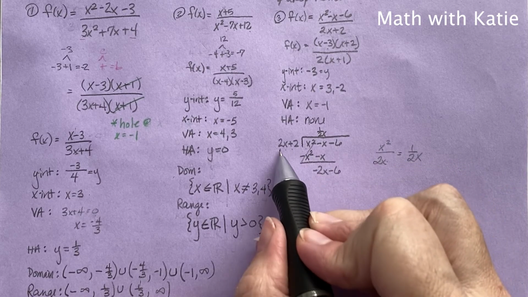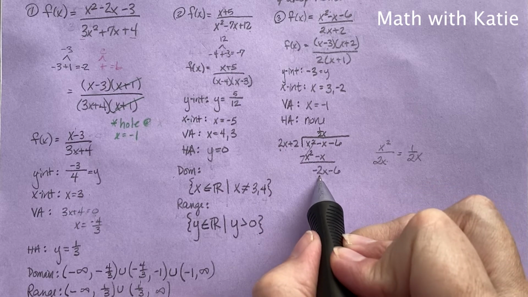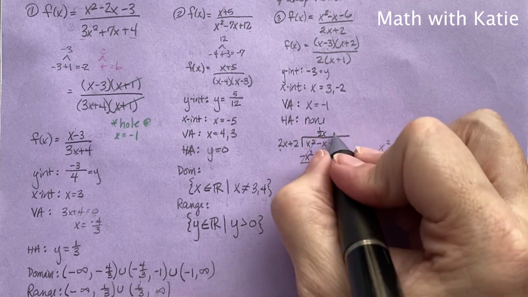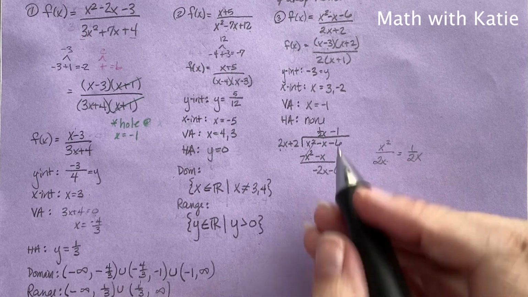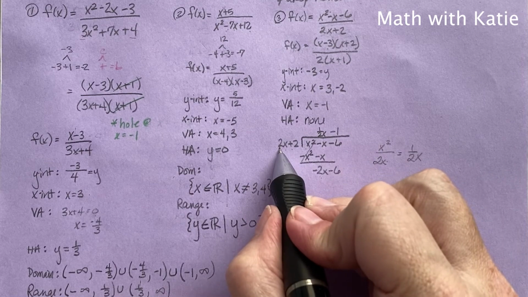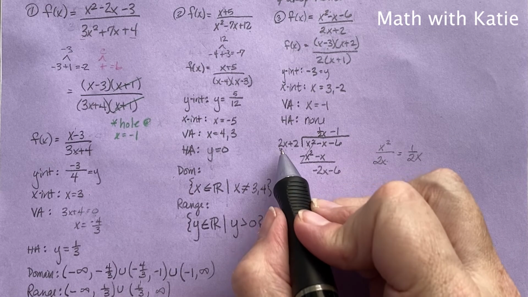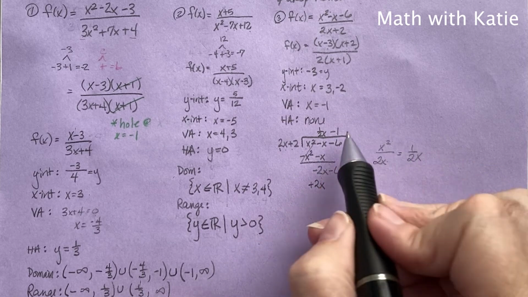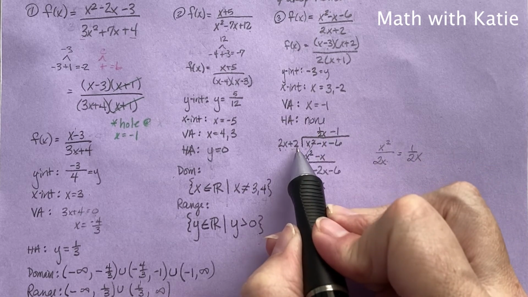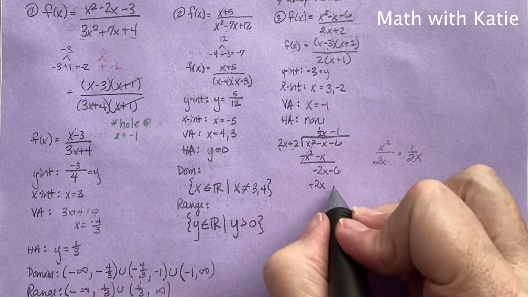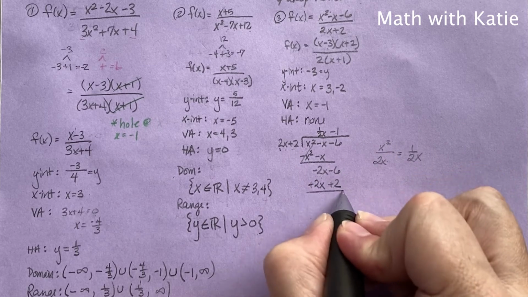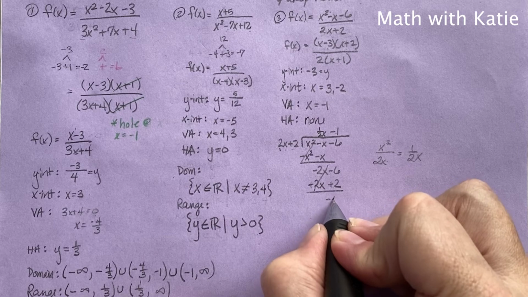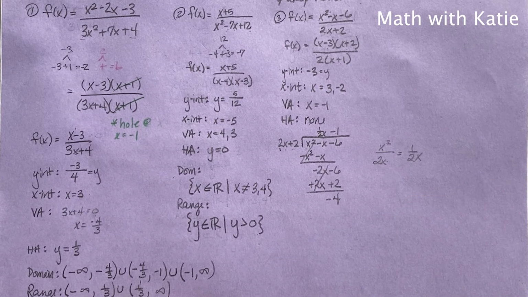Now, what do we multiply 2x by to get -2x? -1. So -1 times positive 2x gives us -2x. Pull it under, change the sign, positive 2x. -1 times 2 gives us -2. Pull it under, change the sign, positive 2. That cancels, so it leaves us with -4.